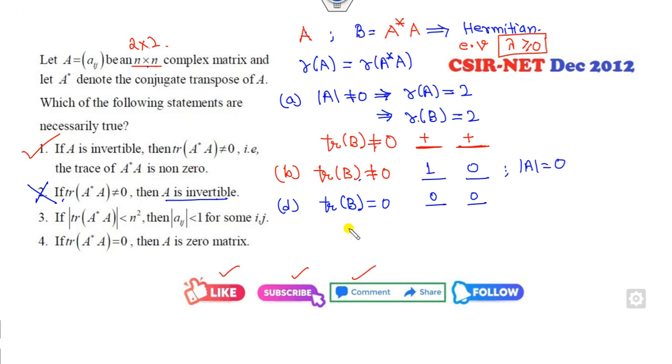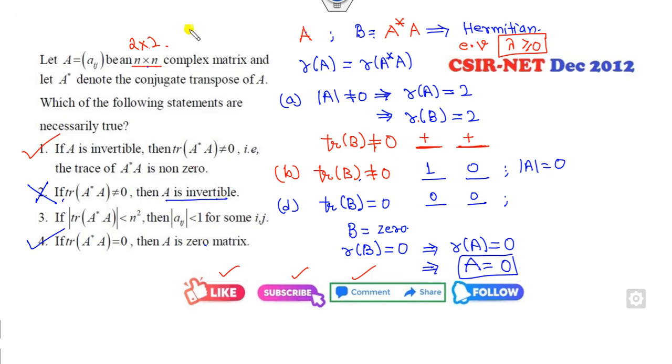Fine. So if both the values are 0, that means matrix B is the 0 matrix, or you can see the rank of B is 0, because both the eigenvalues are 0. If rank of B is 0, that means rank of A is also 0. If rank of A is 0, that means A is the 0 matrix.